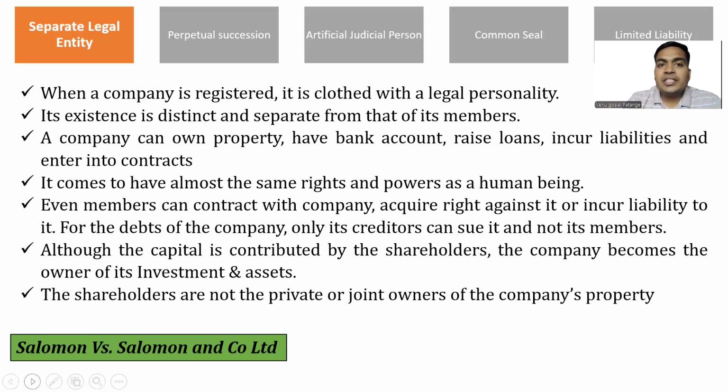Hence, it will be treated as a separate person. Now, the company got secured debt from Salomon, so first we need to pay secured debt. The lender with security will be paid first, then the unsecured lender next, and finally Salomon as an equity shareholder will get the money, if there is anything remaining.